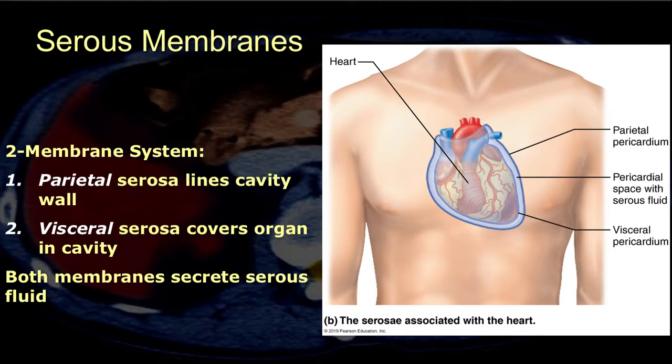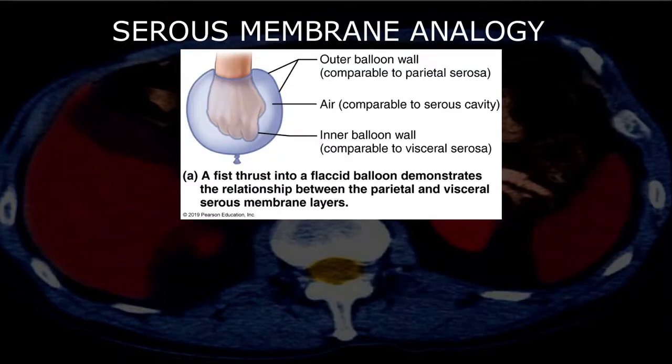The next slide is an analogy. It says that you can compare this to a balloon. You can take a balloon that's partially inflated, and I tried to do this and bring it with me, but it didn't work. My balloon, I guess, was not big enough. When I tried to stick my hand in it, it just kind of went. Okay, so you can think of it like this. Stick your hand into a hypothetical balloon that has enough room in it.